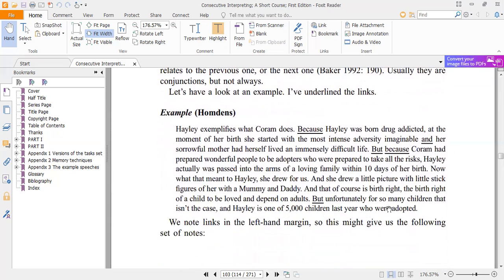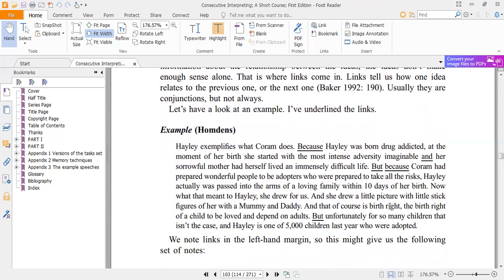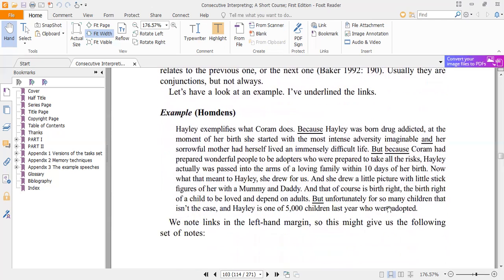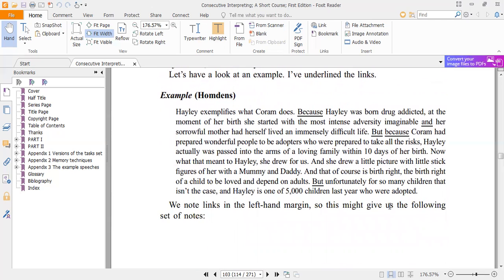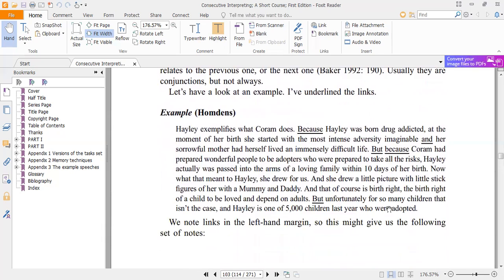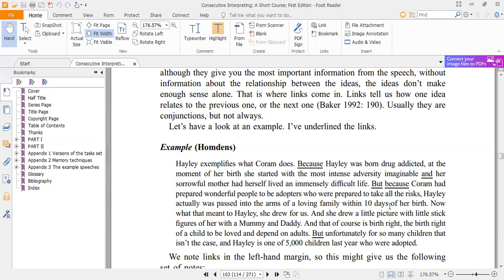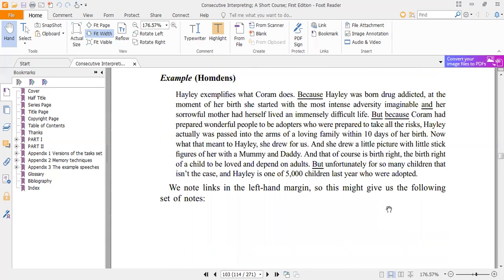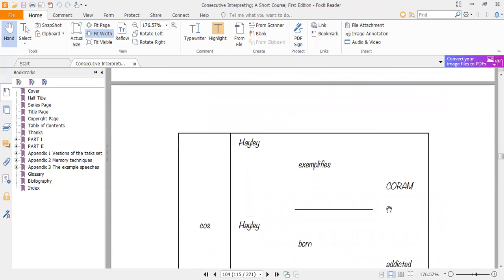Now, if we need to take a paragraph as a note, noting paragraphs, usually the paragraph is connected with certain links, such as before, after, because, but, and, in addition, furthermore, moreover, and so on and so forth. We need to clarify these connections between sentences and take them as notes.